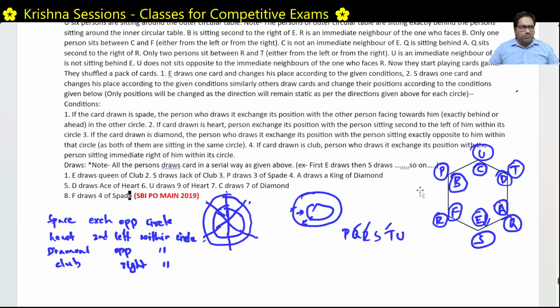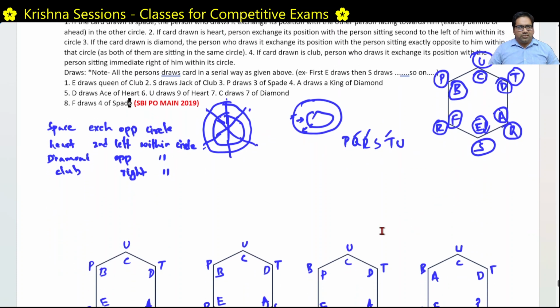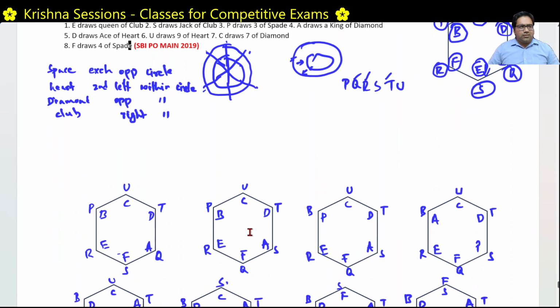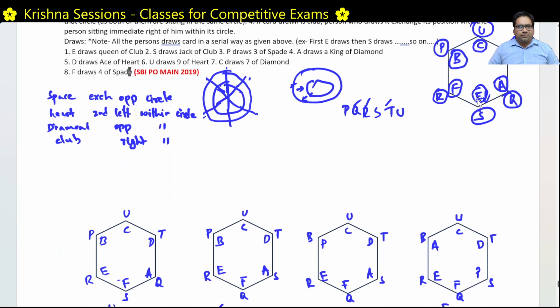Right. So this is the starting point. Now E draws queen of club. Club means what will he do? E should exchange his position to the right within the circle. E and F will get exchanged. This is the starting position. E and F will get exchanged, E will go here.